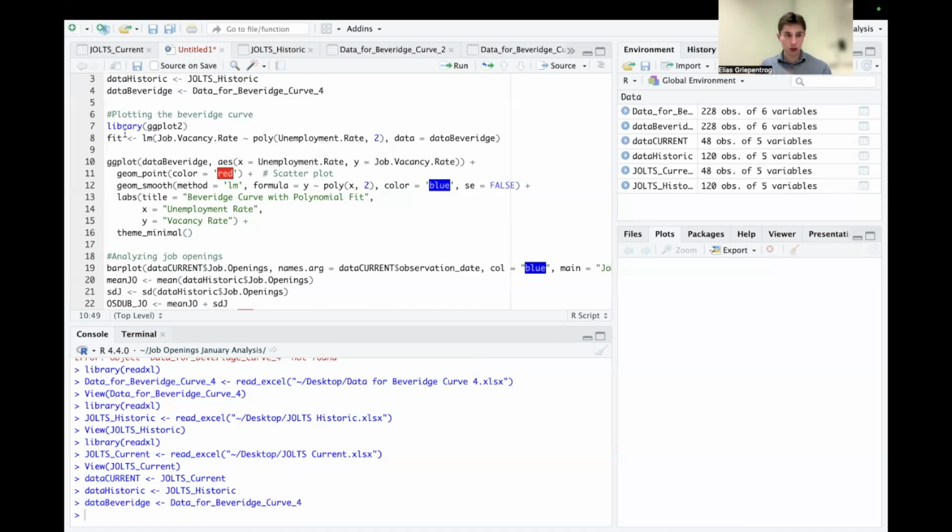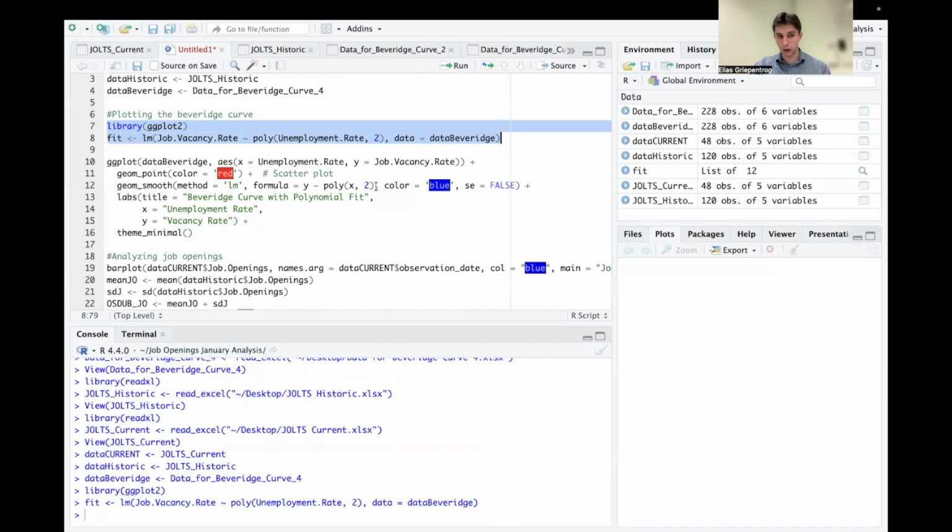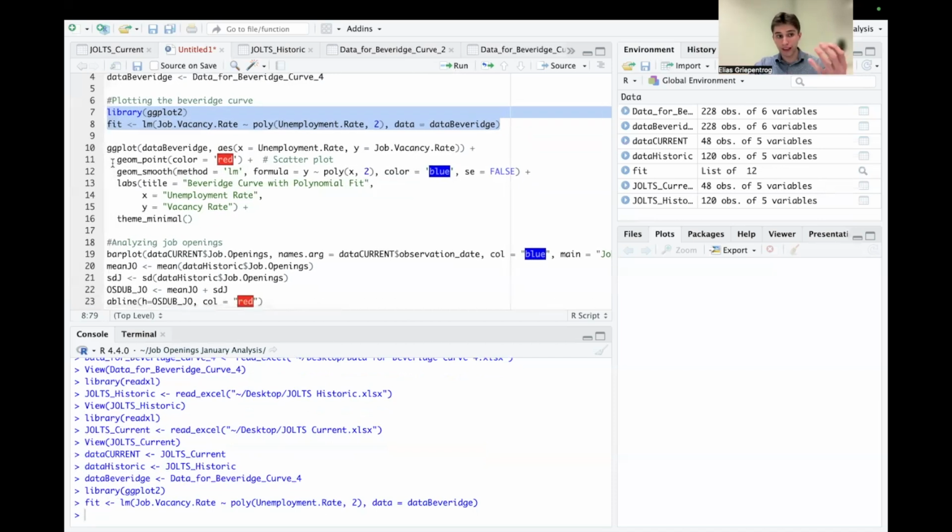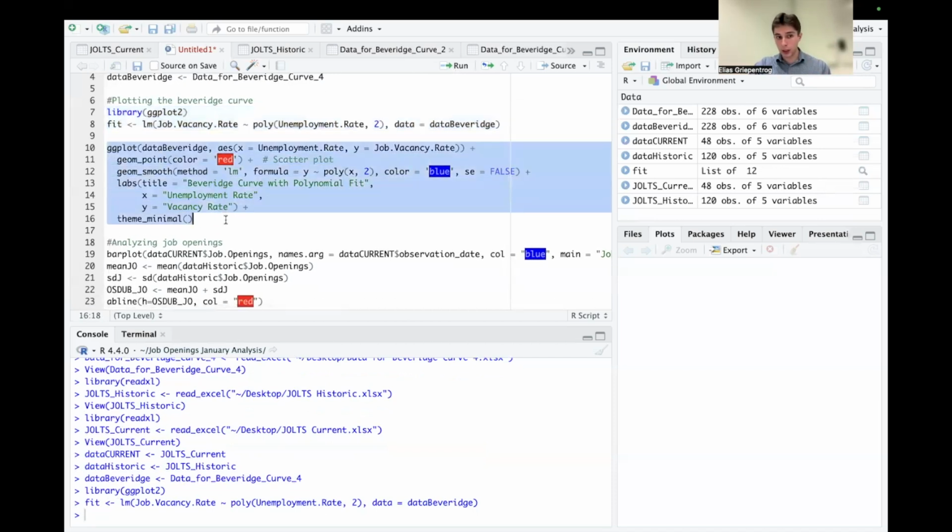And this relationship is non-linear, which is why, in order to plot this Beveridge curve, we're going to fit a polynomial model, which allows us to portray the nonlinear relationship between those two variables. And then, after fitting this polynomial regression model, we're going to create a scatter plot and add this line of best fit to that plot.